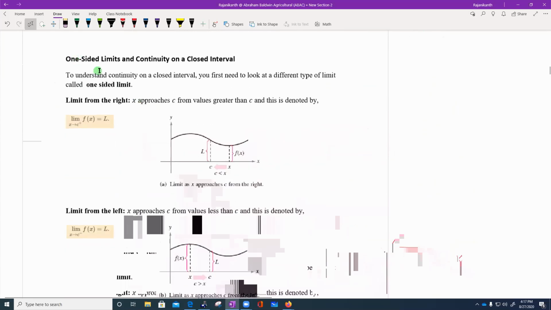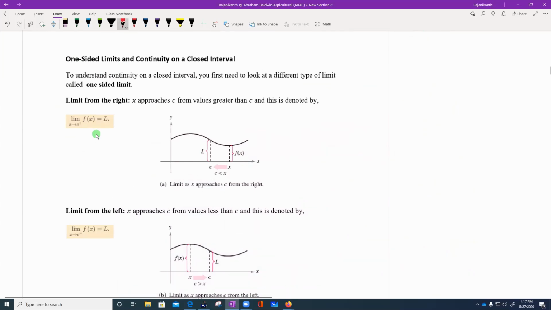Now here you see the one-sided limit. One-sided limit means we are going to analyze the limit only from one side, maybe from the left or maybe from the right. Suppose you look at the picture and you want to find the limit of the function at the value c.